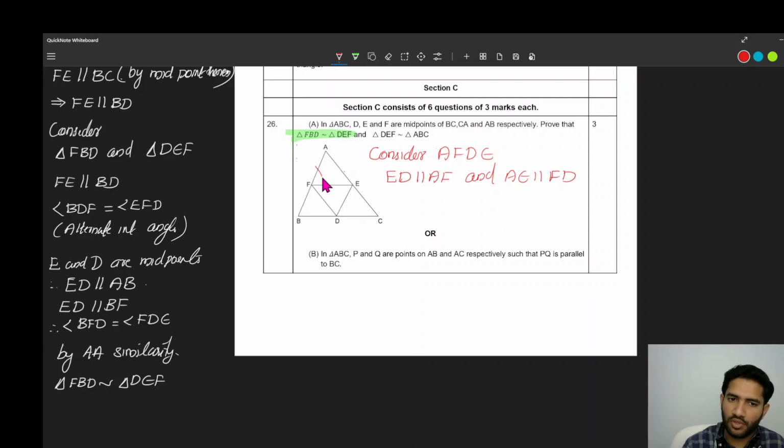More than that, both are equal because ED is equal to half AB, half AB means AF. For a quadrilateral, if opposite sides are parallel and equal, then it is a parallelogram. Therefore AFDE is a parallelogram.